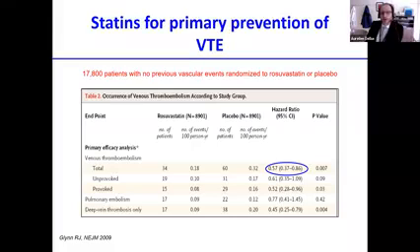So there is good evidence that statins can prevent a first VTE event, but for sure this is not something to implement in health policies. You shouldn't give a statin to everyone to prevent a VTE event. Too few people will develop a VTE event.